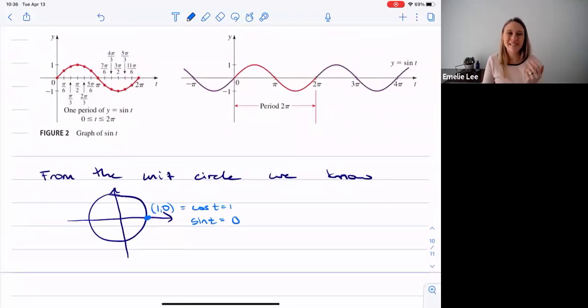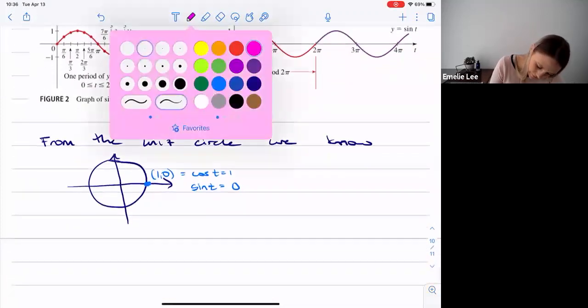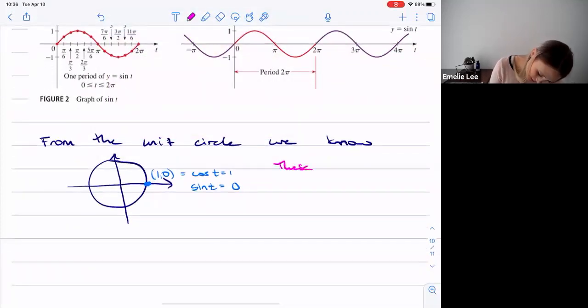And these are the starting positions for the graphs.